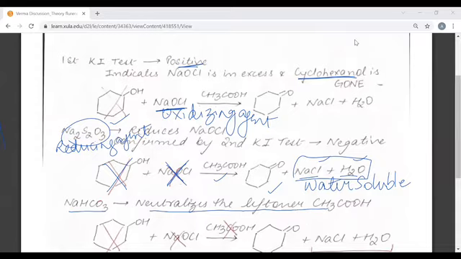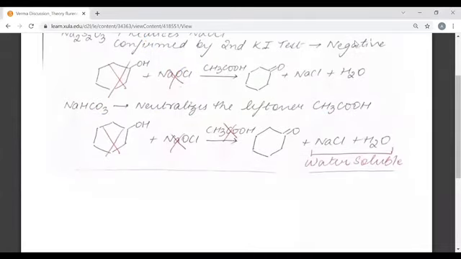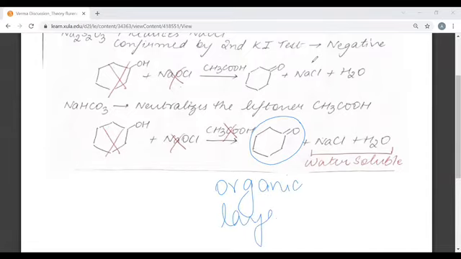Once that is done, we are only left with our pure product in the organic layer, while your other materials will be in your aqueous layer.